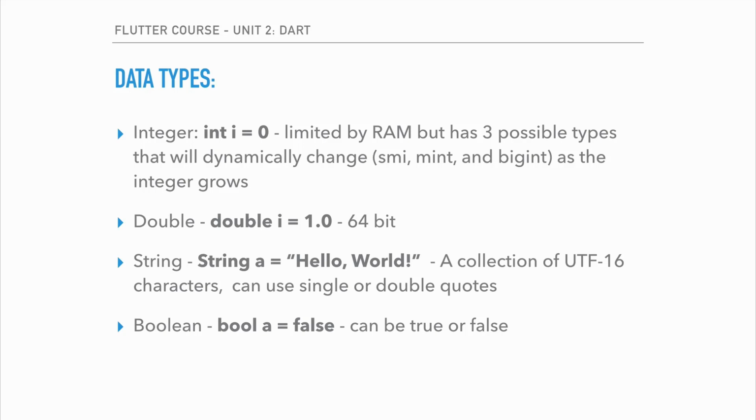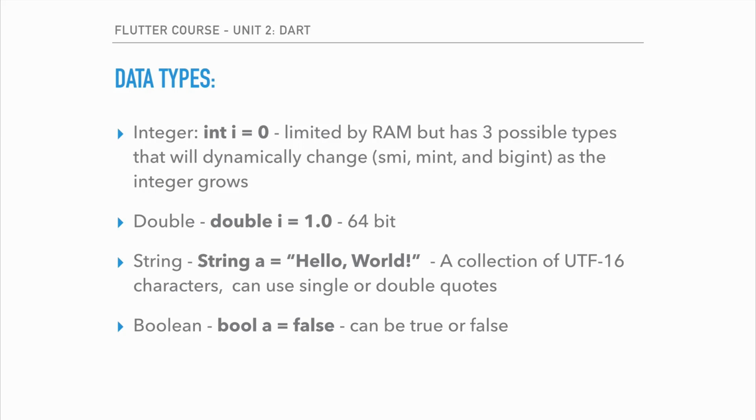So there's no cap on it, like with integer in Java that is only 32 bits and only goes up to, I think, 247 billion, something like that. I'm not 100% sure, but something like that. So it's only limited by RAM, but it does have three possible types. The integer can be of three possible types, and the Dart language itself will actually handle assigning the corresponding type to that integer.